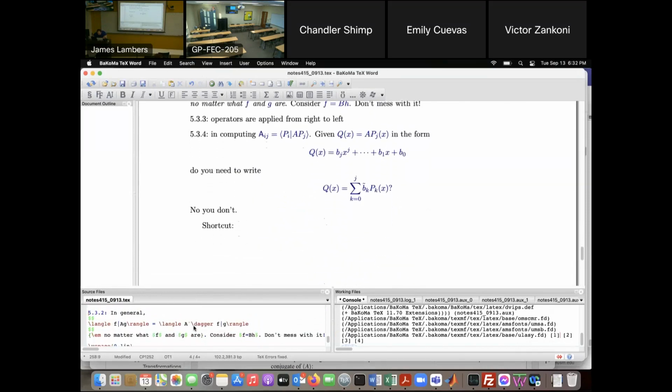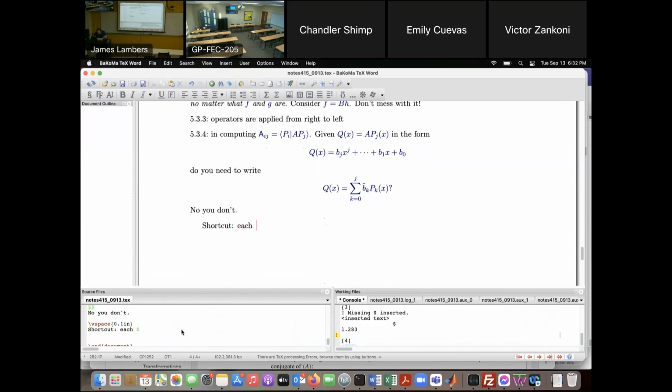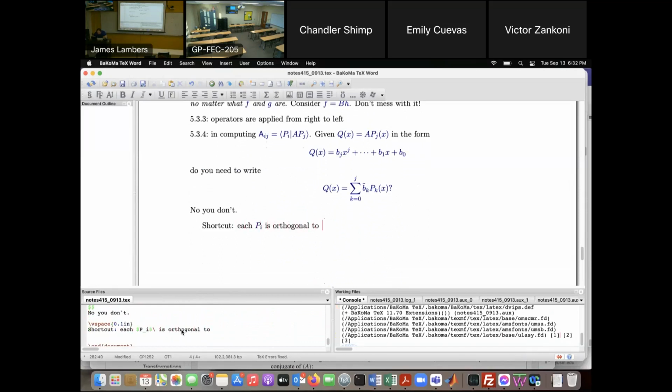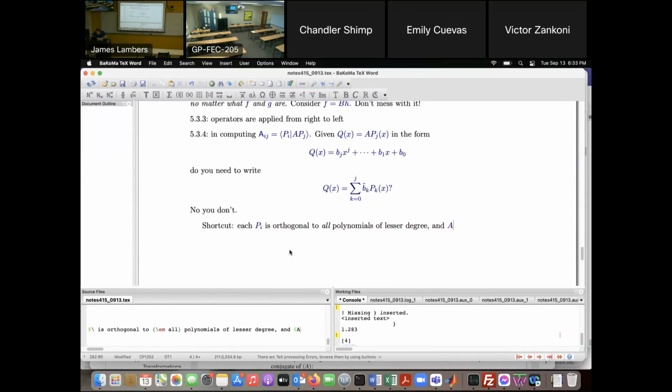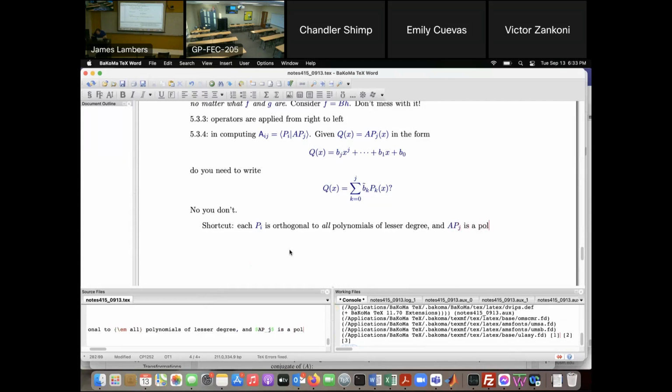Okay. If you use the fact that each p_i is orthogonal to all polynomials of lesser degree, and because you take a derivative of a polynomial, that's a polynomial, multiply it by x, it's still a polynomial. And A p_j is a polynomial.